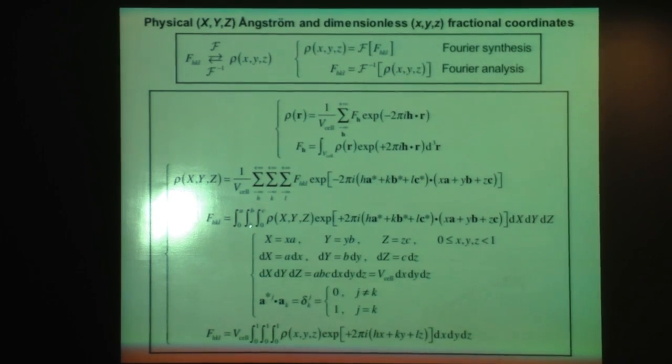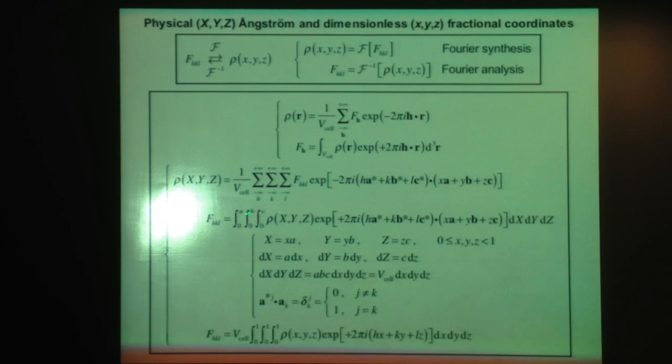Similarly, y is 0 to b, and so on. Okay? Now we do the integration with respect to those angstrom, actual lengths, x, y, z. So the x part is x times the crystal lattice repeat a, y times the crystal lattice repeat b, and so on. Then the differentials that correspond to those quantities, dx, dy, dz, will be a times dx, and so on.